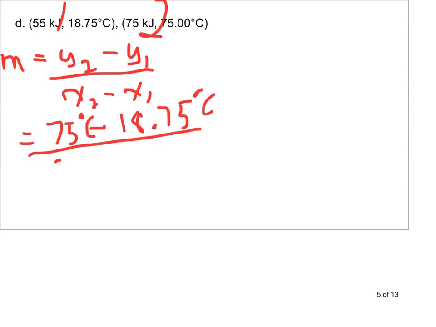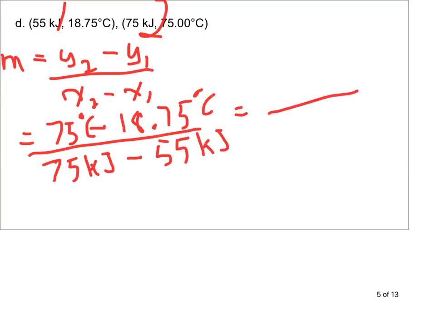And we're dividing that by 75 kilojoules minus 55 kilojoules. Bottom part's pretty easy to subtract. 75 minus 55 is just 20. Top part, I will type in my calculator. 75 minus 18.75.